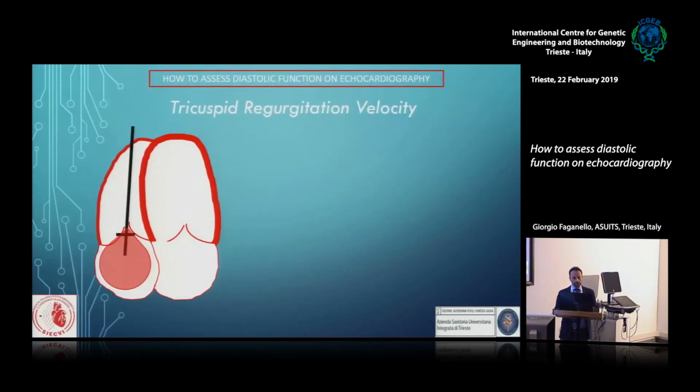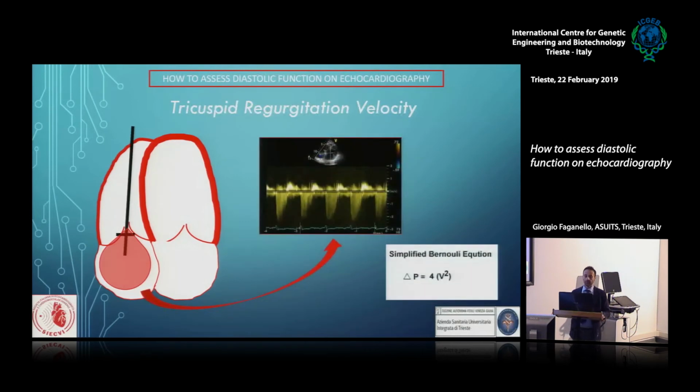How can we assess our diastolic function again? Sometimes the tricuspid regurgitation velocity is very helpful, because we can find very high pressure in the lungs. And this high pressure in the lungs is, most of the time, related to LV systolic or diastolic dysfunction, or both together.